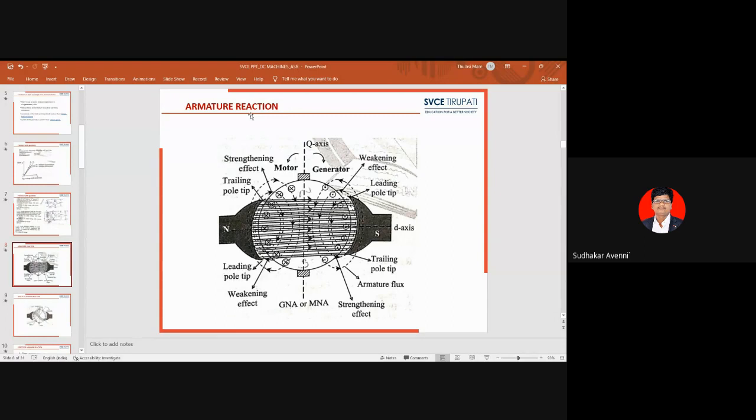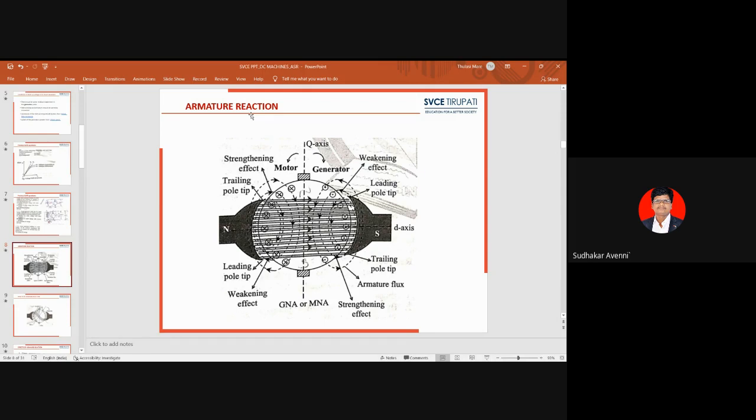The rated voltage built up across its armature terminals will drive current through the load. That same current will flow in the armature winding. Then armature flux is created in the armature winding. This flux is going to affect the main field flux. This reaction we call armature reaction.